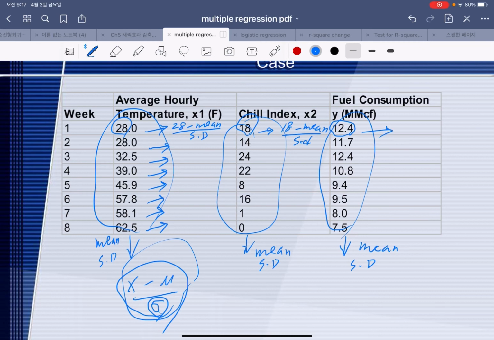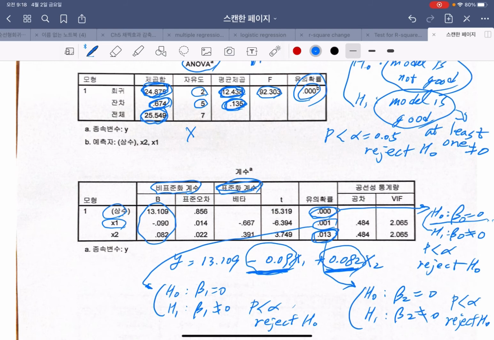Same thing for the dependent variable. Once you get the standardized data, you do the regression, and then you will get the standardized coefficients. This one is computed by using the standardized data.